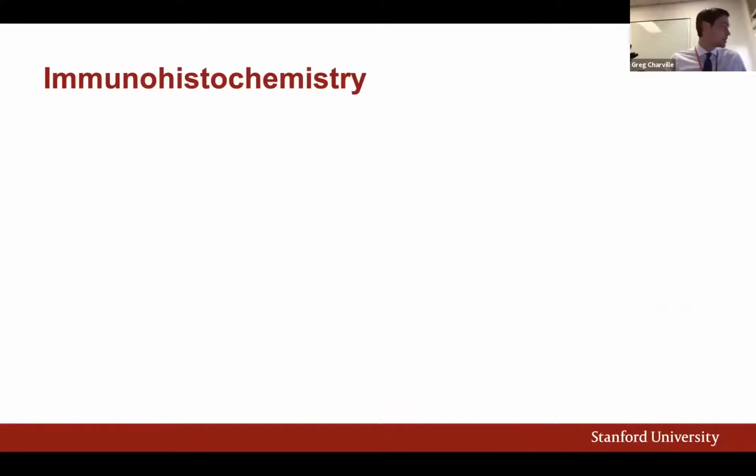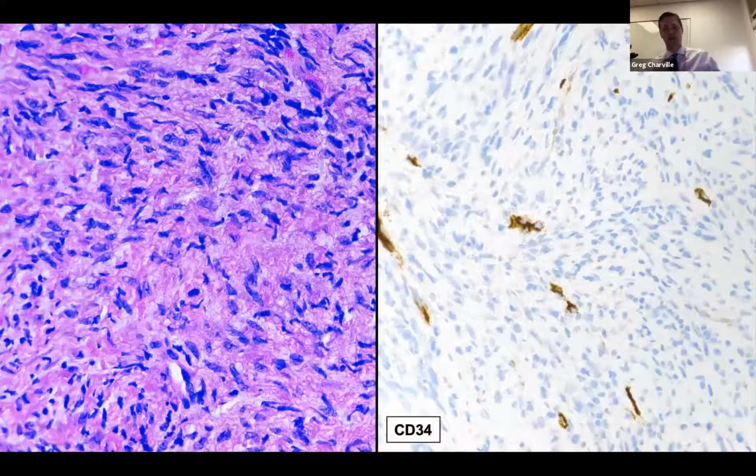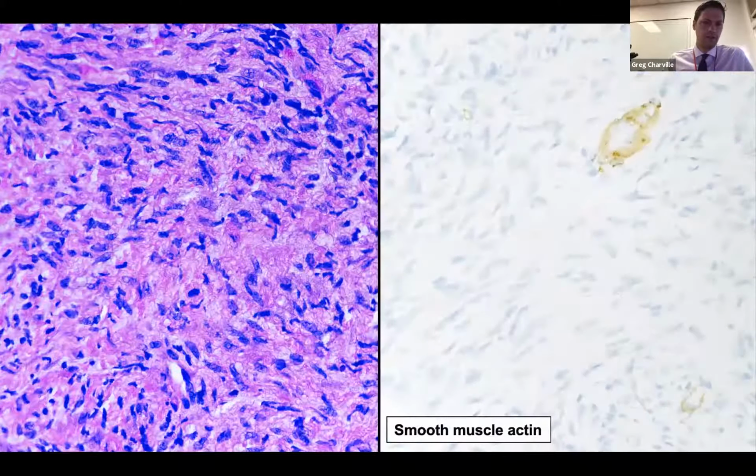Before we get into the discussion, I'll jump into immunohistochemistry very quickly, just as a summary of what we saw. CD34 was negative, highlighting background vasculature. Just showing you a few of the studies here. Smooth muscle actin, positive in background vasculature, again, quite negative actually in the tumor.